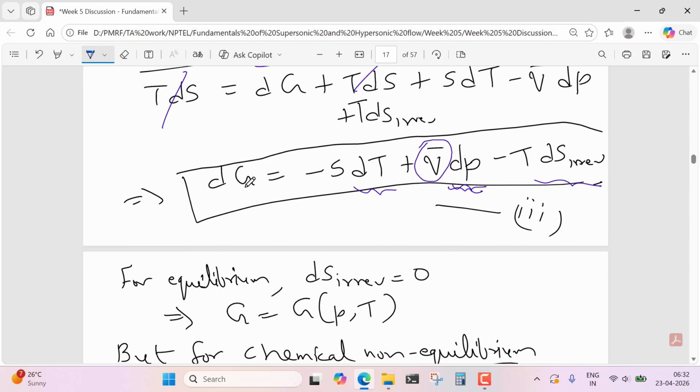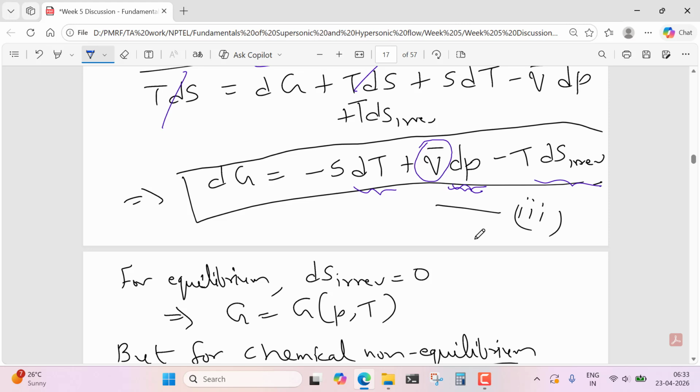Now let's see for the equilibrium flow. For the equilibrium flow, this dS irreversible will be equal to 0, because for equilibrium there is no irreversible entropy. So in that case, G will be a function of P and T, because all the exit variables are functions of Q variables, which are reference temperature.